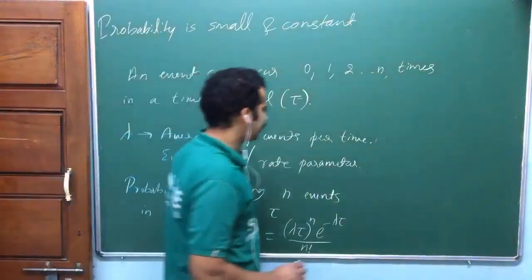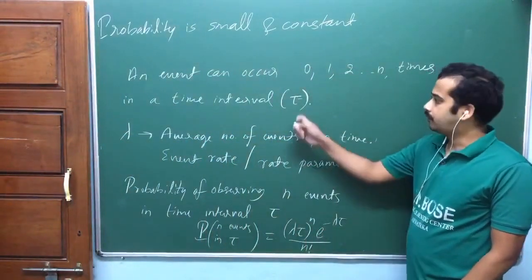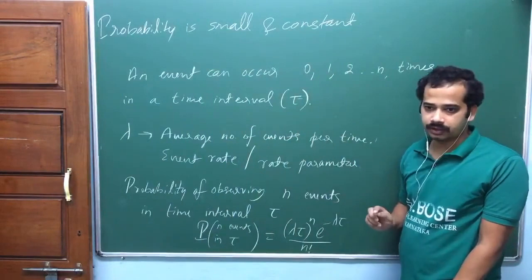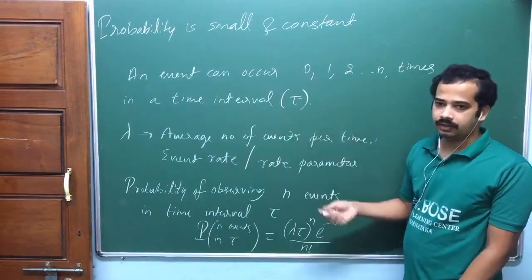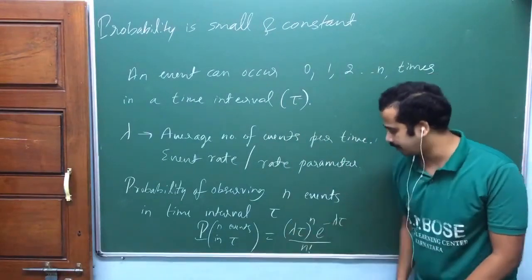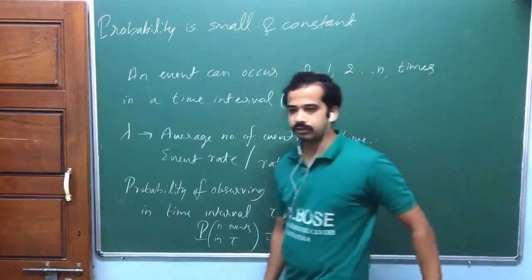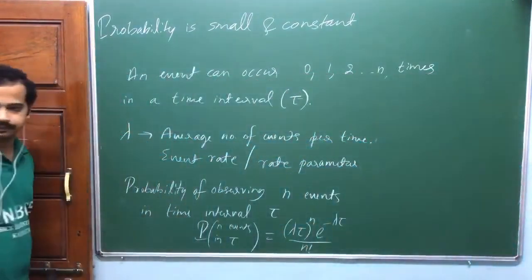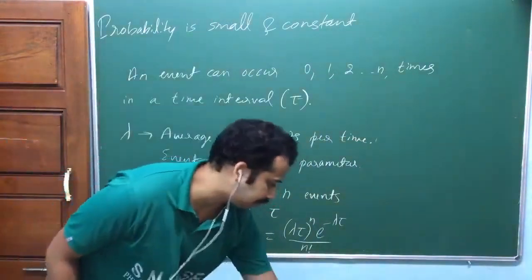But care should be taken while finding this lambda. If tau is in seconds, lambda should be per second. If tau is in hours, lambda should be per hour. If tau is in days, lambda should be per day, because this should be dimensionless. This is a probability, and the exponential of anything should be dimensionless. That is the care you need to take while applying this. The problem is we are not deriving this one, that's the problem actually.